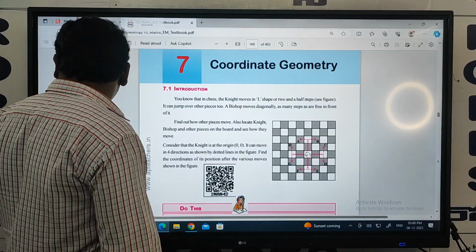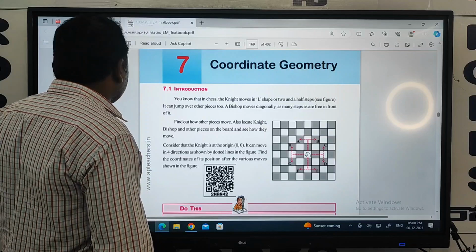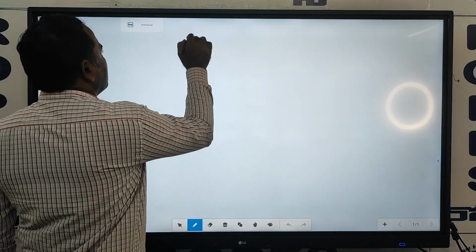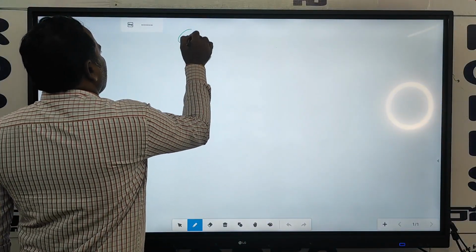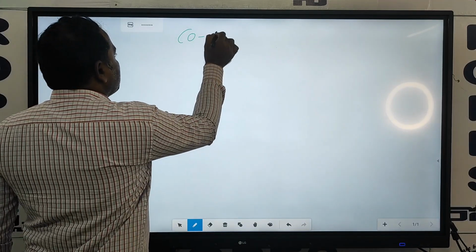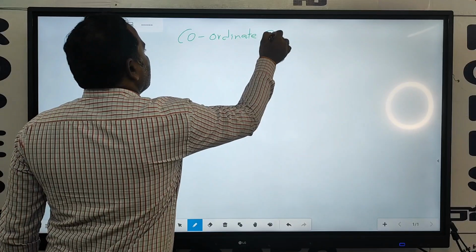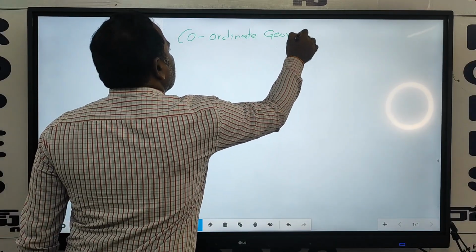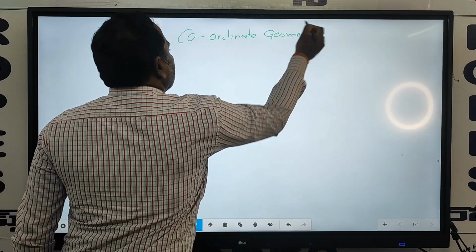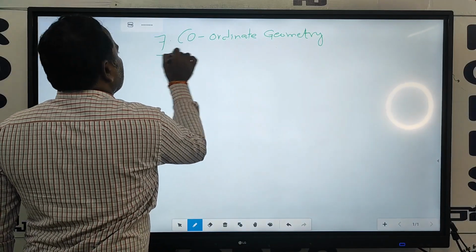See, first if we see this one, coordinate geometry, seventh chapter.